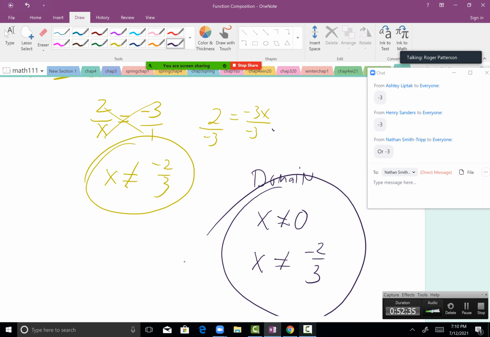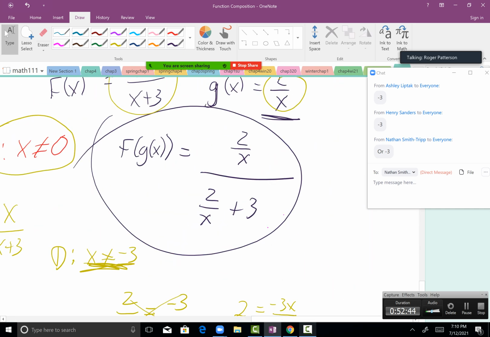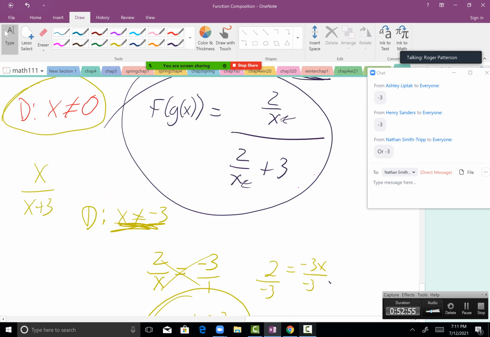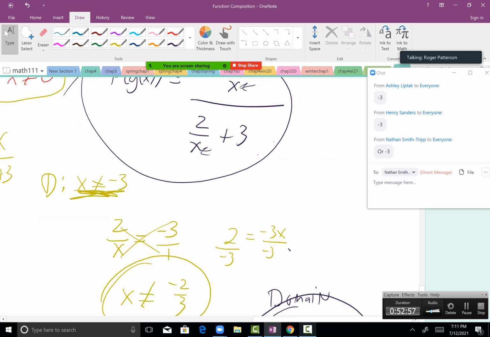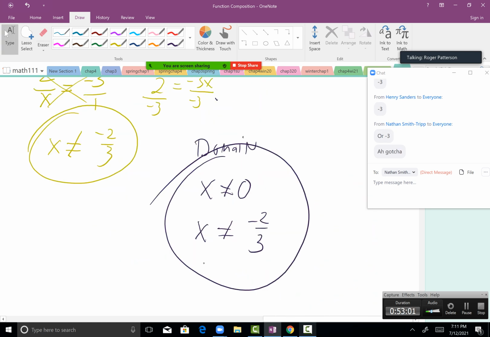And it can't be -2/3 because that gives me an issue right from the beginning. No, -3 is okay, because if I put -3 in here or put -3 in here, I'm okay. The output couldn't be -3. So where did that output come from? Well, that output of -3 comes from when x is -2/3.